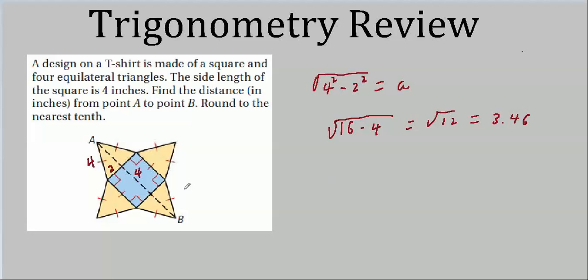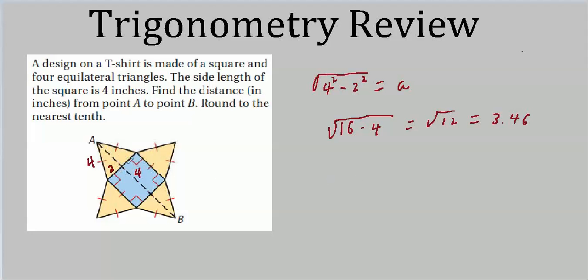pardon me, it's a leg of this smaller right triangle. It's the altitude of this equilateral triangle, and what's really important is it is the direct length from A to this side. This is 4 inches. We just have to figure out what this is and double it so that we've got this plus this plus this.